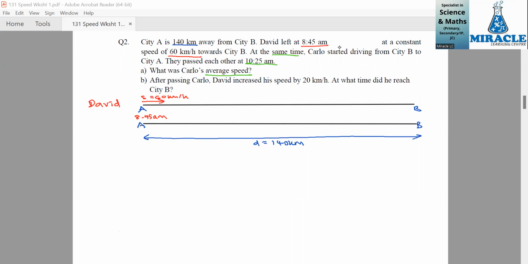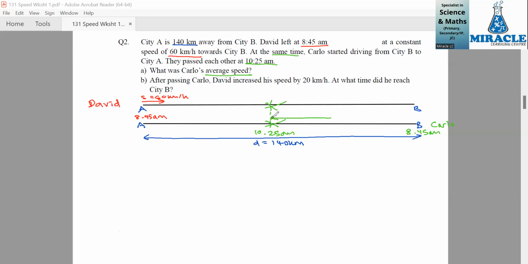And we know at the same time, which is 8:45 a.m., Carlos started driving from City B to City A, and they passed each other at 10:25 a.m. So again, let's just guess a random spot, 10:25 a.m. At 10:25 a.m., they would have both passed each other.